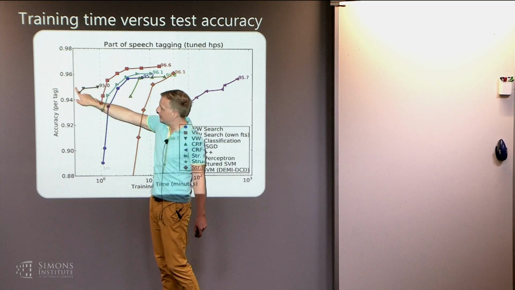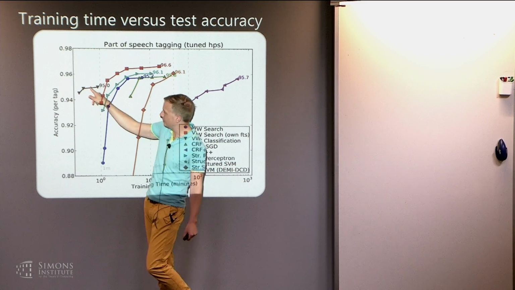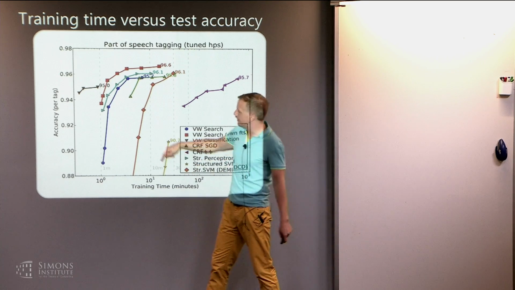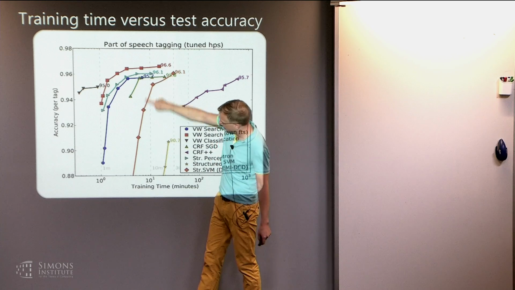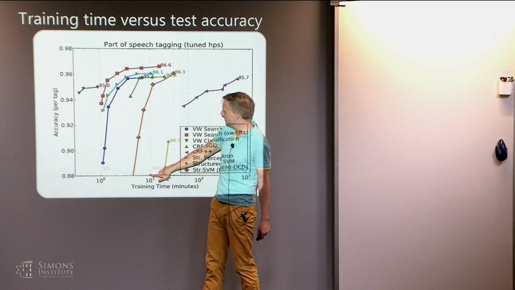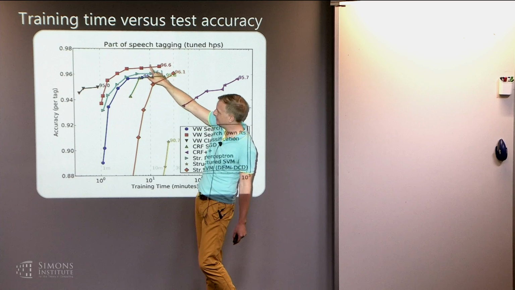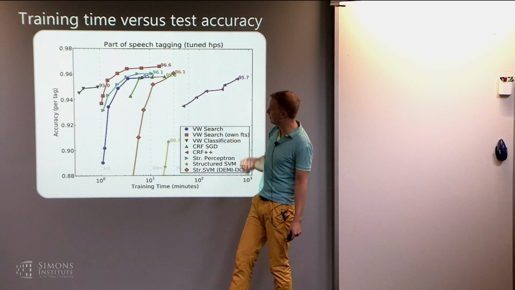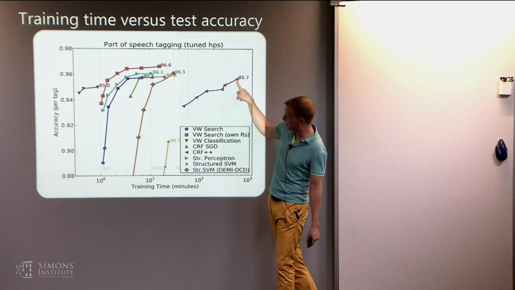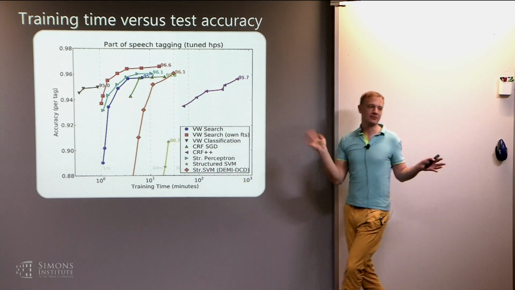So this is what you get if you ignore structure. So you just make every prediction independently. So you train very quickly, but you plateau pretty low. If you do the imitation learning stuff, then after about 10 minutes, this is on 1 million words of training data, you have basically what was at the time a state-of-the-art part of speech tagger, and was substantially faster than, say, various implementations of CRFs, which I guess are here and here, and also structured SVM and stuff like that.